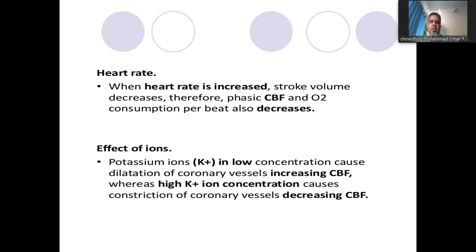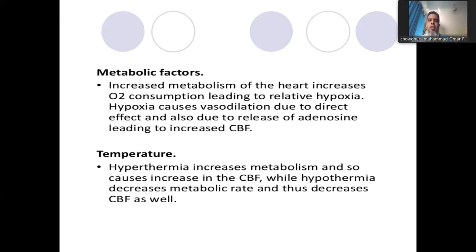Effect of ions. Potassium ions in low concentration cause dilatation of coronary vessels, increasing coronary blood flow, whereas high concentration of potassium causes constriction of coronary vessels, decreasing the coronary blood flow. Metabolic factors. Increased metabolism of the heart increases oxygen consumption, leading to relative hypoxia.